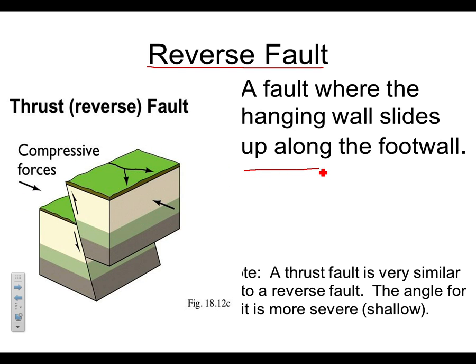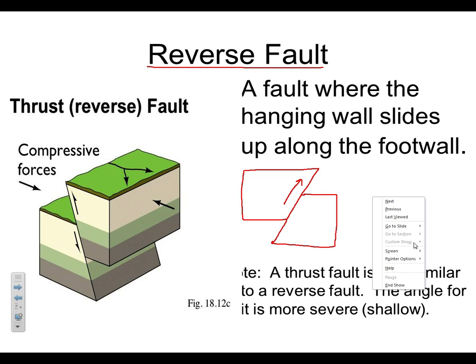I'm going to draw my fault block like this. My other fault block I'm going to put like this. Okay, something like that. You can see this one here, the one on the left in this picture, went up.